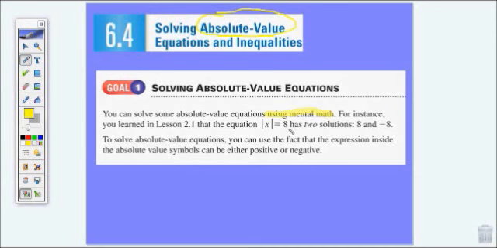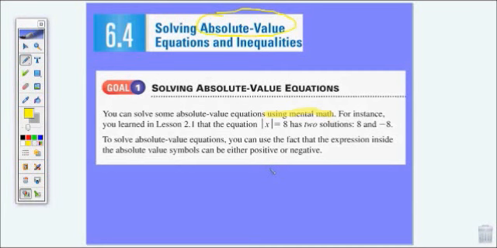That means that x could be 8, 8 would equal 8, or it also could be negative 8, because if negative 8 was in the absolute value bars, absolute value changes that to a positive number, because absolute value just means how many jumps away from 0 that value would be. And so it doesn't matter, it's not asking you which way, so you do not have to put the integer as a negative or a positive.